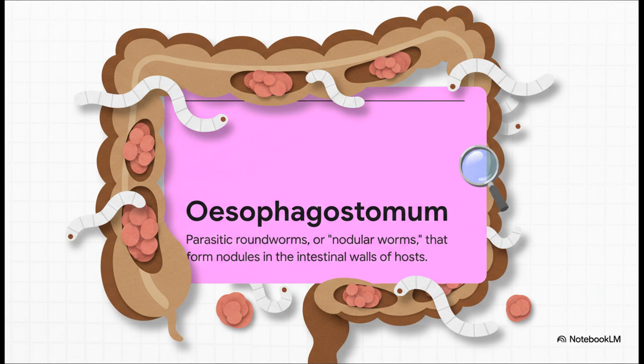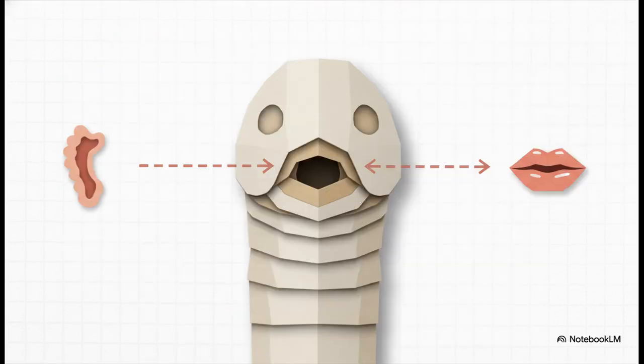It points right to their signature move, forming these nodules or lumps in the intestinal walls of whatever animal or person they infect. And the scientific name itself actually gives us a little clue about what it looks like. Oesophagostomum comes from the Greek words for esophagus and mouth, and that's referring to a very specific feature, a really distinct groove right near the worm's head. It's a key identifier for the scientists who study it.